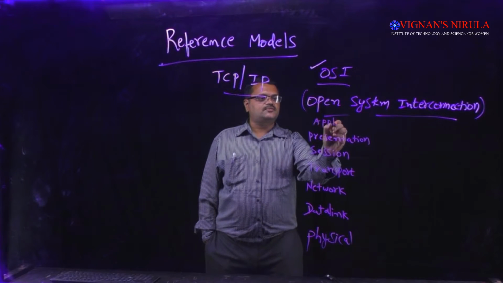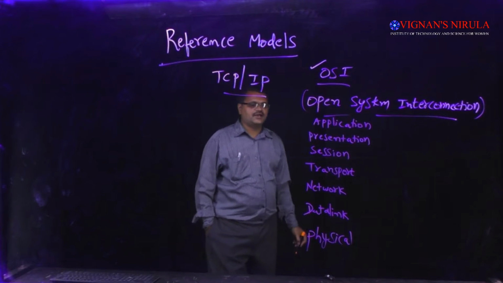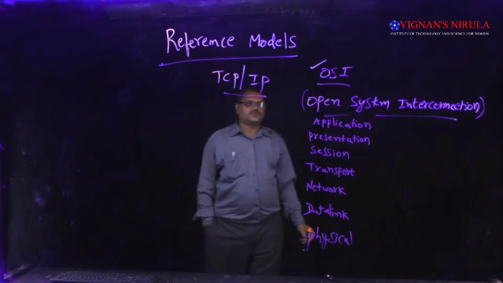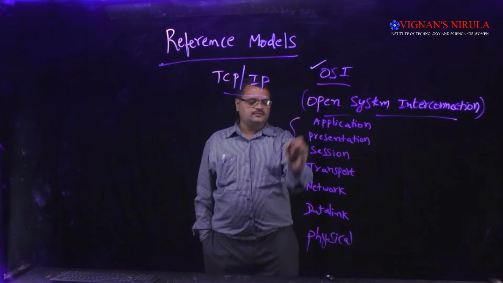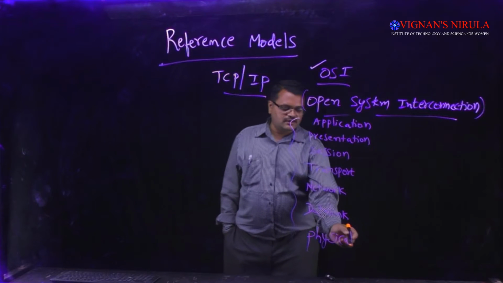Totally 7 layers are present in the OSI model. Physical, data link, network, transport, session, presentation, application. Out of this, the first one is the physical layer.